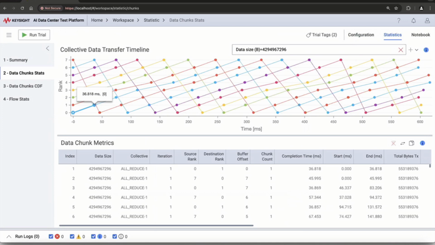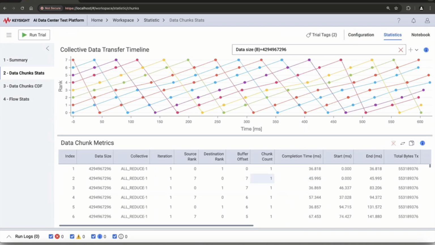So what this is saying is at time 0, GPU 0 started transmitting to GPU 1, and that took 36.81 milliseconds. At the same time, rank 1 started transmitting and it took 36.85 milliseconds. Once it received that data, it sent it over to the next rank and so on.